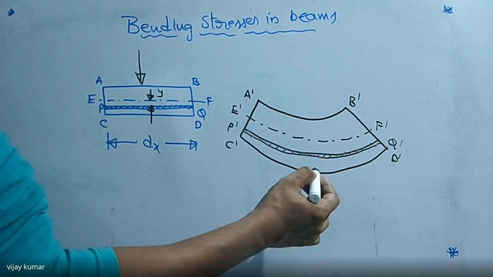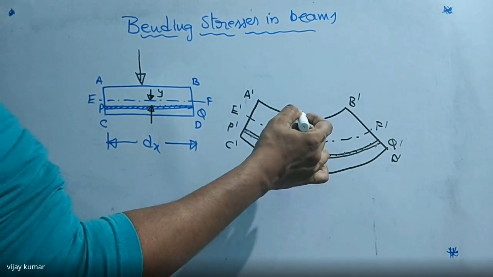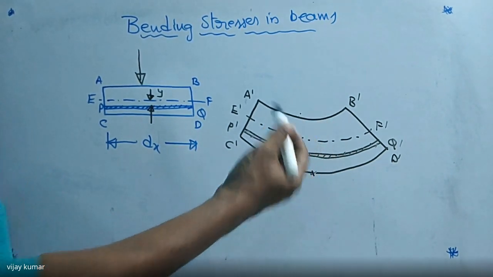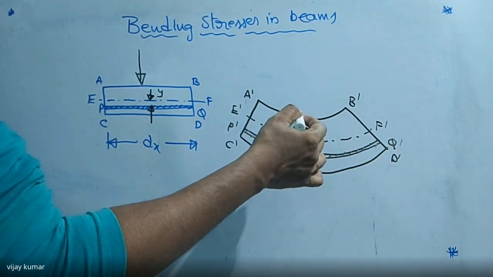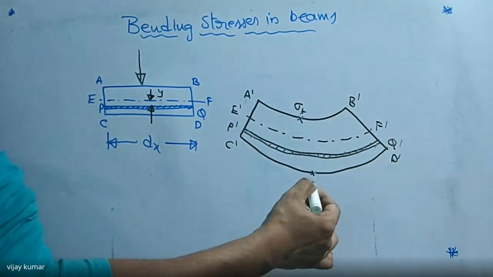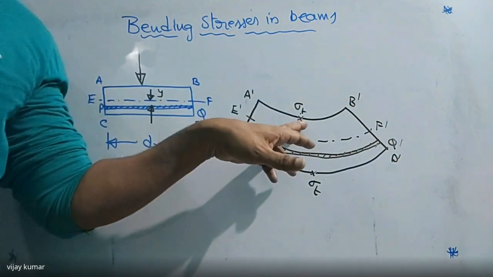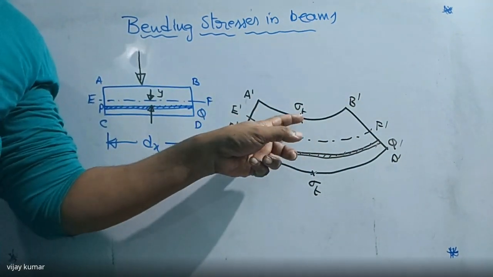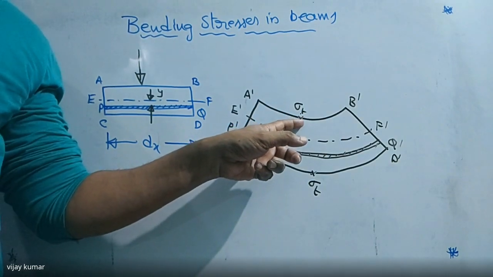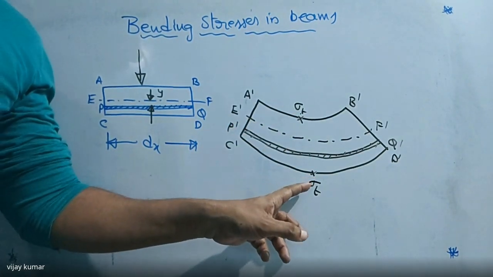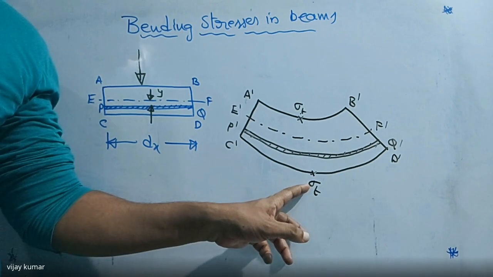What is the maximum stress here? Compressive stress, sigma C. What is the maximum stress? Tensile stress. So at the top, we are having maximum compressive stress. At the bottom, we are having maximum tensile stress.